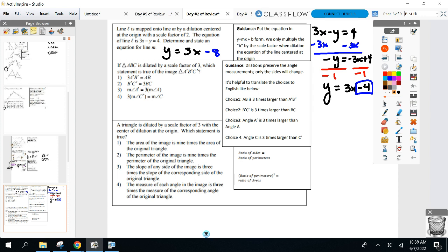Angles do not change measurements when you dilate. Just the sides. So which one up here is saying I am taking the original and multiplying by 3? Choice 2. Take the original, B and C, multiply by 3, you get B prime and C prime. Angles do not change. They remain congruent.